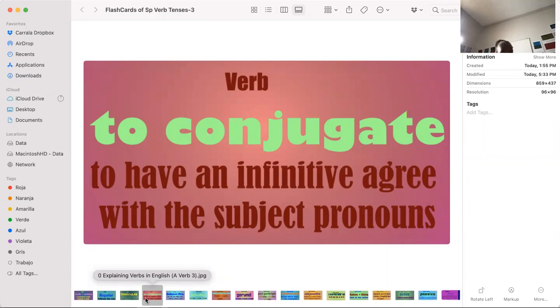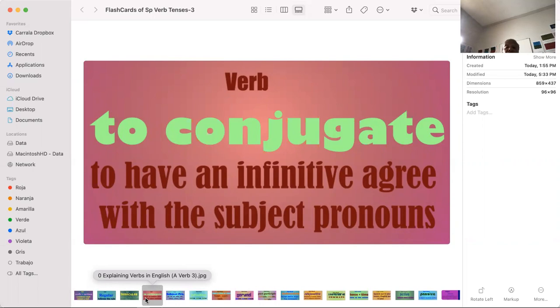In English, by the way, I'm doing only regular verbs, because if you do irregular, it becomes too complicated. In English, you have the verb to talk. The verb to talk is a regular verb. It's an action, and its infinitive in English is to plus the verb talk.